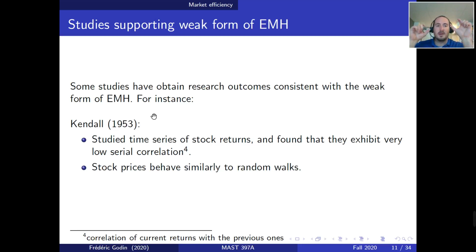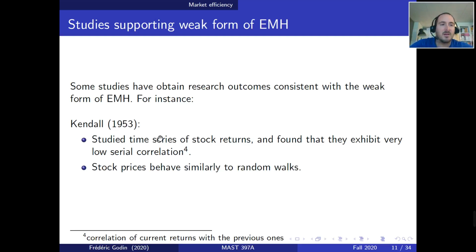Serial correlation, let's explain that. If there's high serial correlation, it means that a positive return is typically followed by another positive return, or a negative return is also followed by another negative return. If you have these types of patterns, then as soon as you observe a positive return, you might want to buy the stock to benefit from the likely next positive return, and so on. So if there are such correlations, they could be exploited for profit.